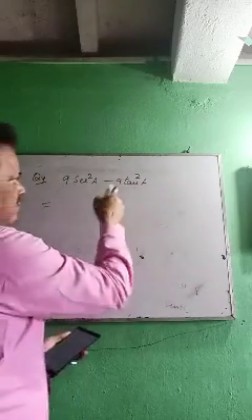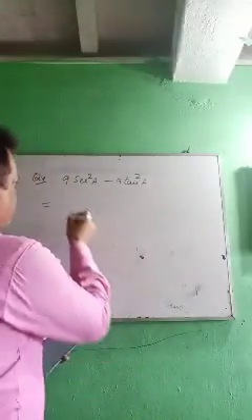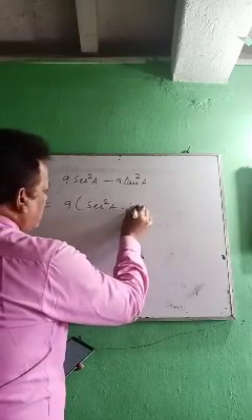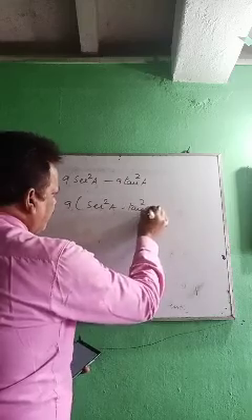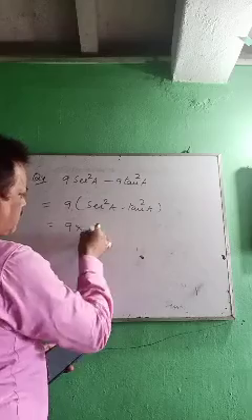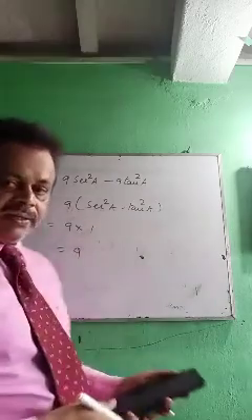So 9 common, which means 9 times sec square A minus tan square A. So 9 into 1, because sec square minus tan square is 1. So the answer is 9.